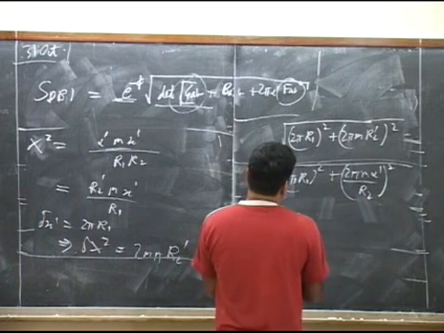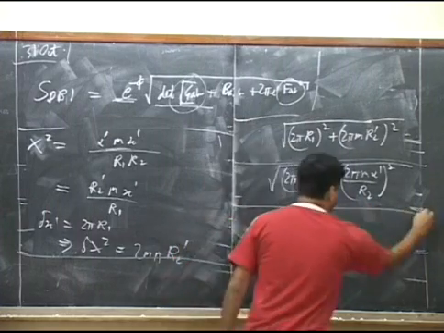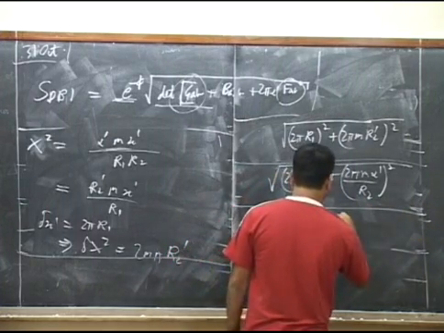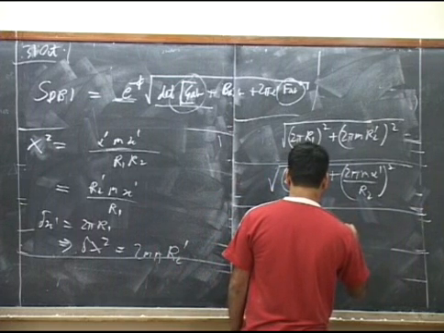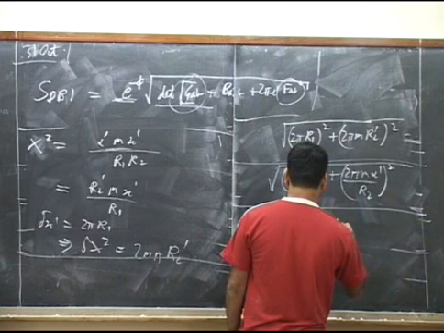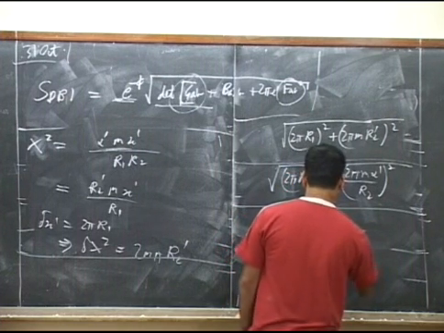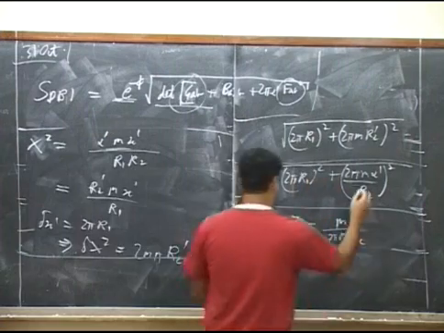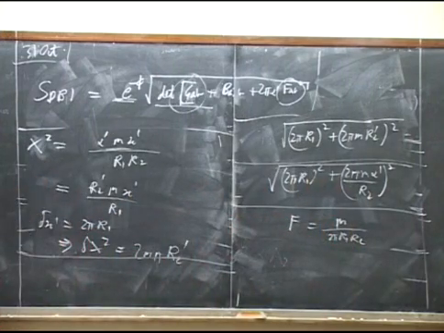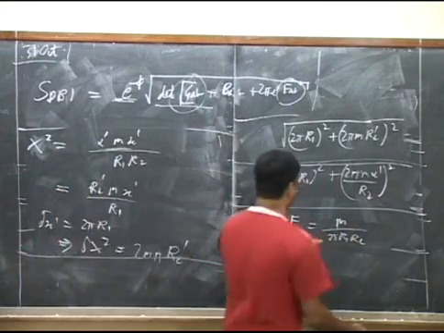The flux was F equal to m by r, so we write m in terms of the flux.